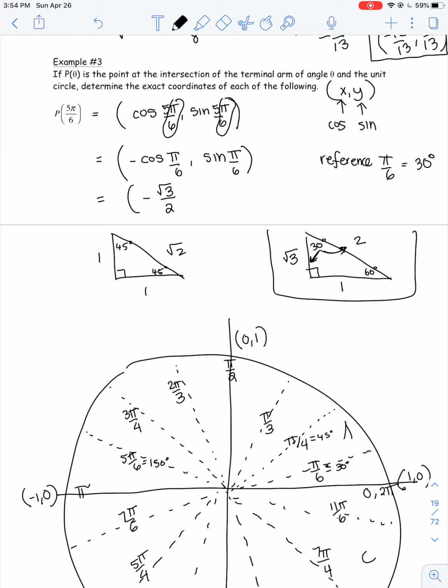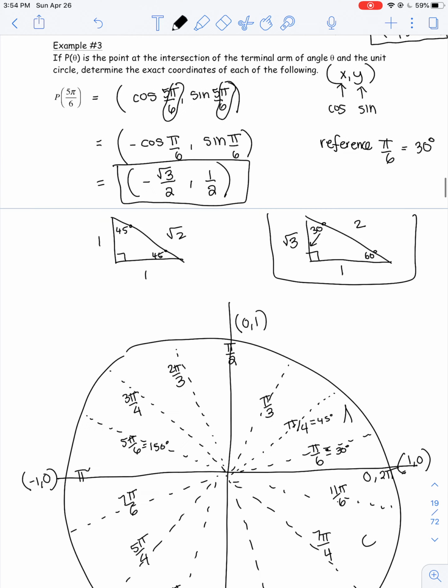Okay, so I use these two angles to get my answer, this guy here and that guy. And for sine of 30 degrees, you're going to look at 30 degrees and you're going to do opposite over hypotenuse, so that's going to be 1 over 2. Okay, so 1 over 2, and that is our answer there.